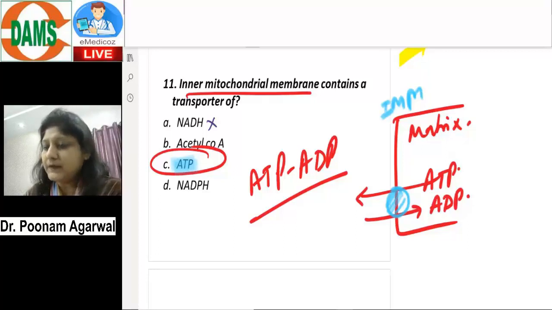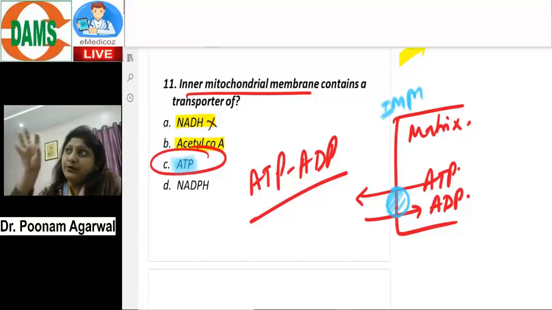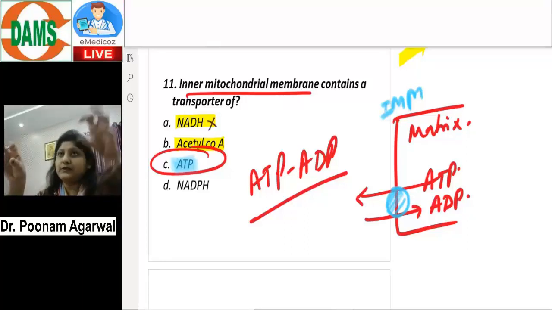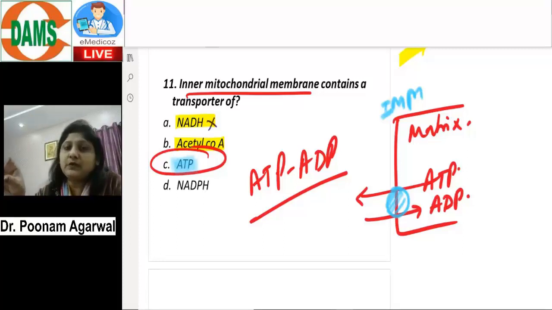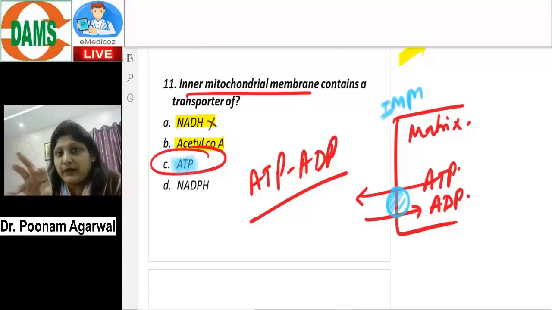And when you talk about acetyl-CoA, it's good that God has not given an acetyl-CoA transporter on the inner membrane, otherwise our whole system would have gone haywire. See, acetyl-CoA is produced in the mitochondrial matrix, whether it is coming from glucose oxidation, fatty acid beta oxidation, or amino acid oxidation. Acetyl-CoA is always mitochondrial.